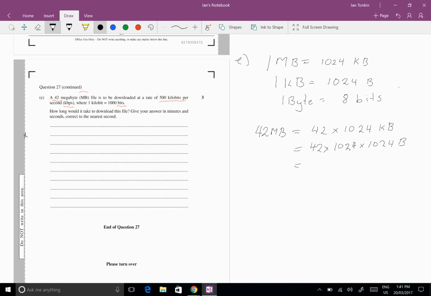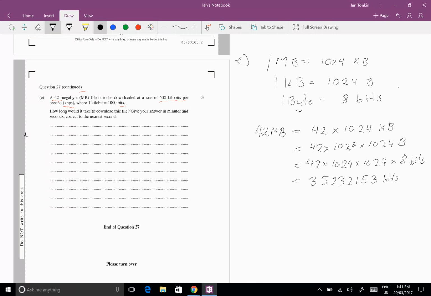But we need it in bits, so we've got to go one more step. So it's 42 times 1024 times 1024 times 8. And we get this big number, 35232153 bits. We've converted it to bits.